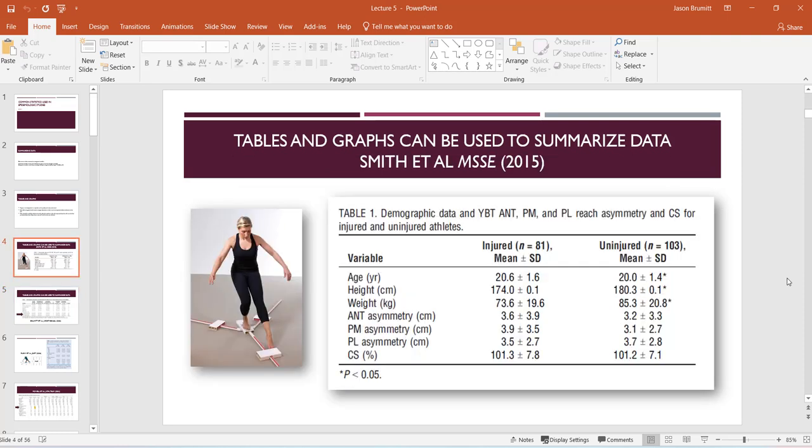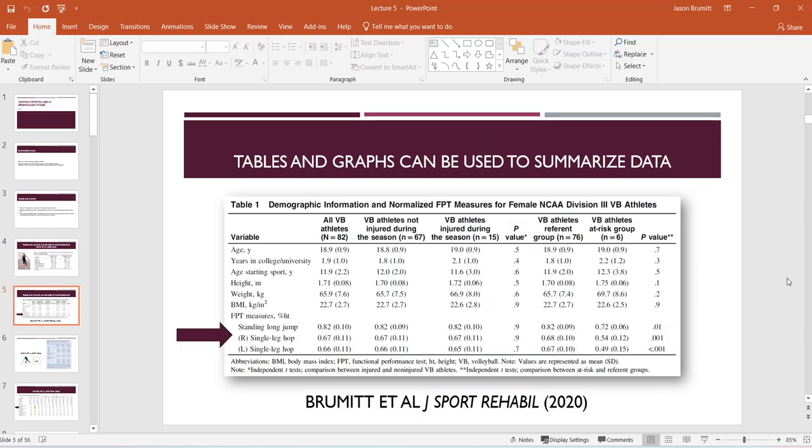There weren't differences, right? But then when we take a look further at risk profiles, in this case the risk profiles were performance on the 3 different jump tests, then significant differences were presented. So this is really important.